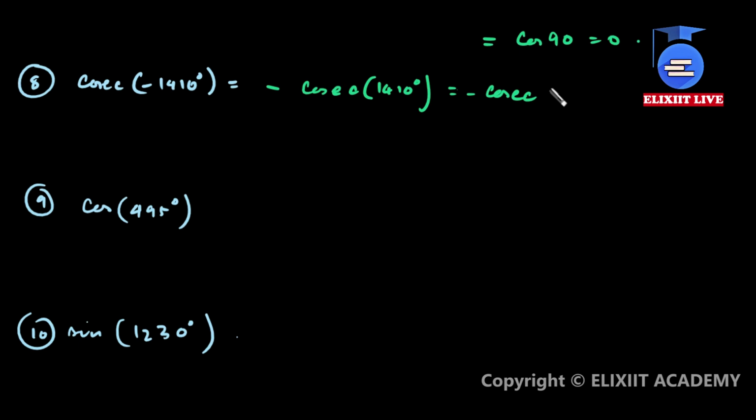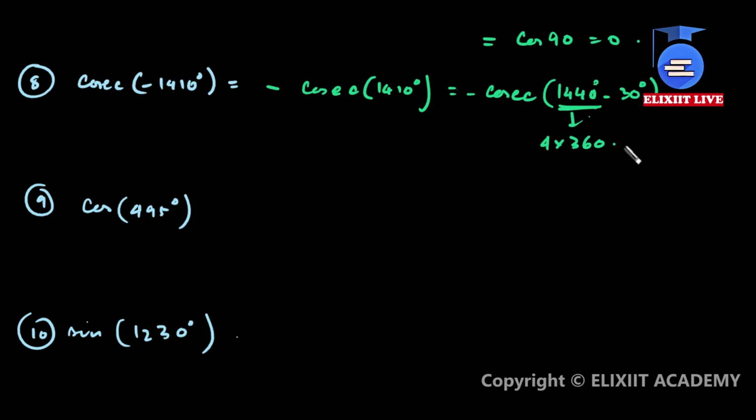1440 minus 30. Can we think of it in this manner? Why am I thinking in this manner? 1440 is basically 4 into 360.